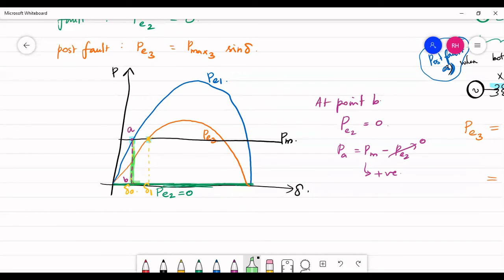So the rotor accelerates and the rotor angle starts to increase, and let me say that the rotor angle is increasing and I clear the fault at an angle delta CR or delta C.